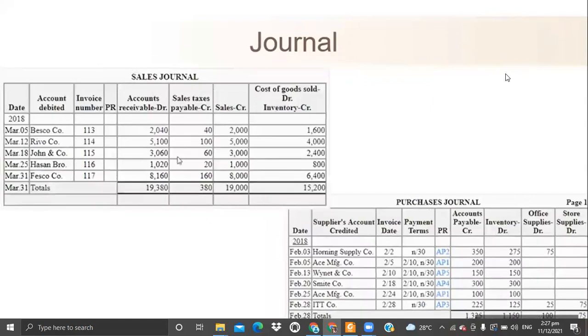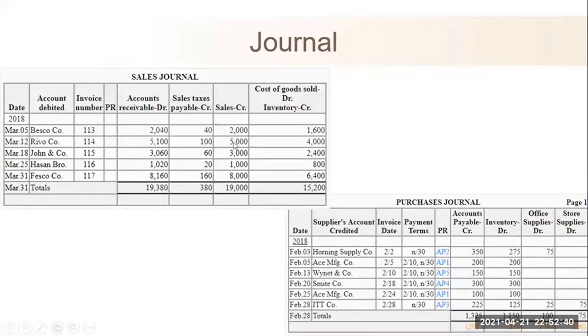Ganun din sa sales journal. Depende ito sa design o sa isang business kung paano nila ipapakita yung mga transactions nila, as long as nagigets naman.